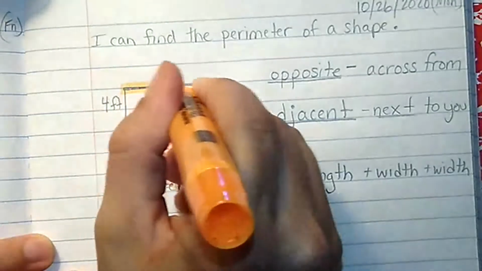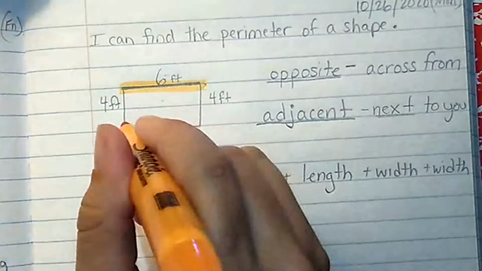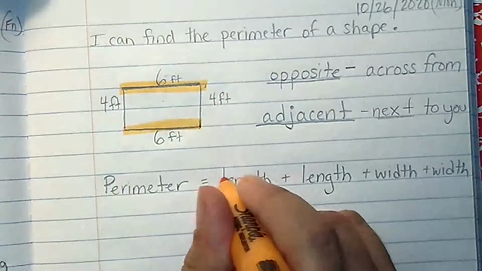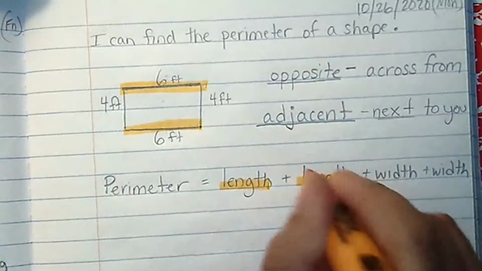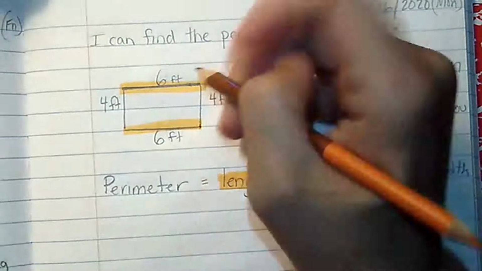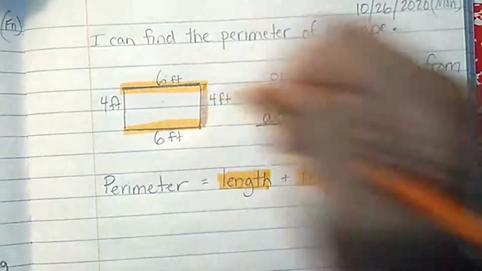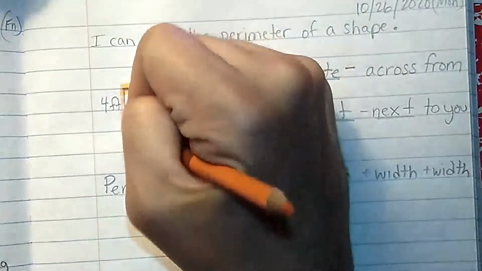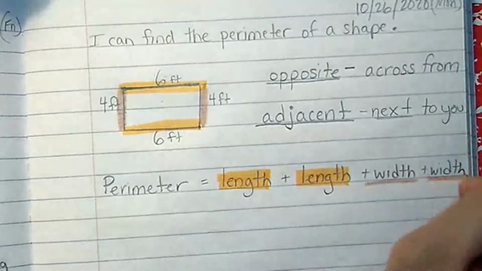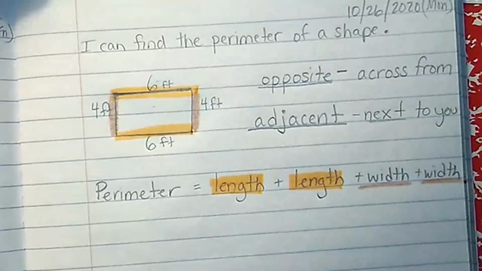This is the length, and this is the length. So here's my length. I'm going to put a number in there to be my length and my length. Then I also see that this is my width, and this is my width. And when I add all of those together, that will give me the perimeter of this shape.